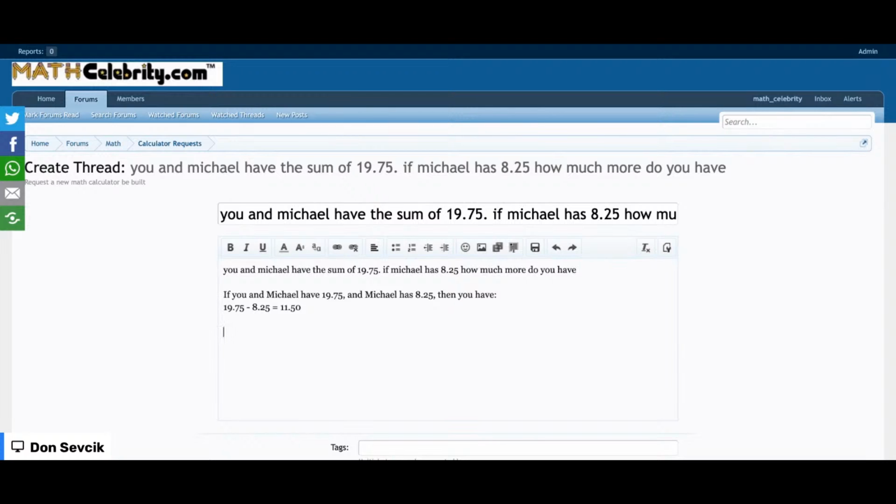So overage or more excess than Michael equals your money minus Michael's money. And then we have both those numbers. We've got 1150 minus 825.